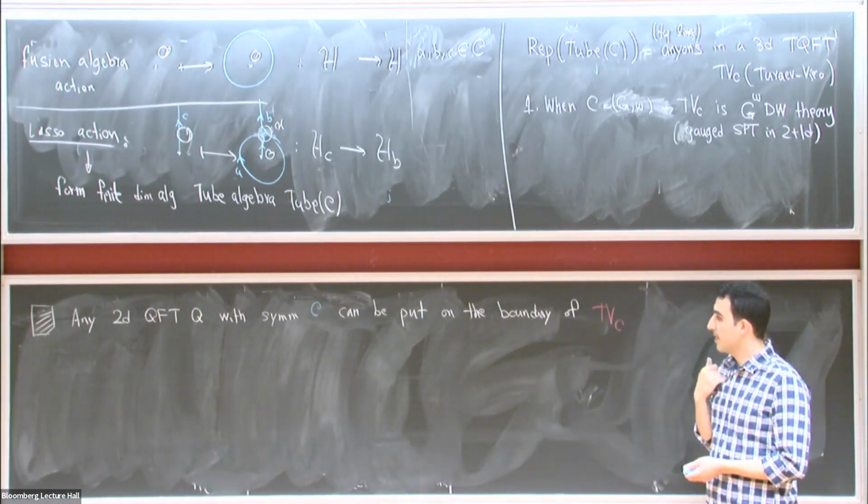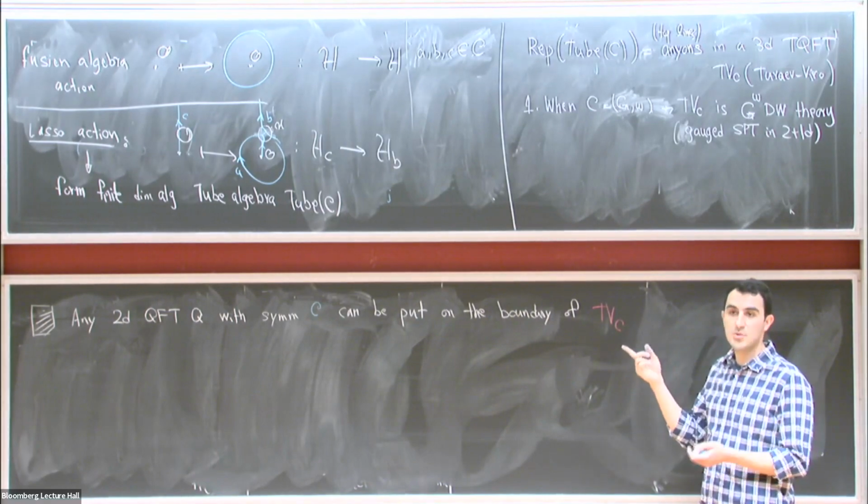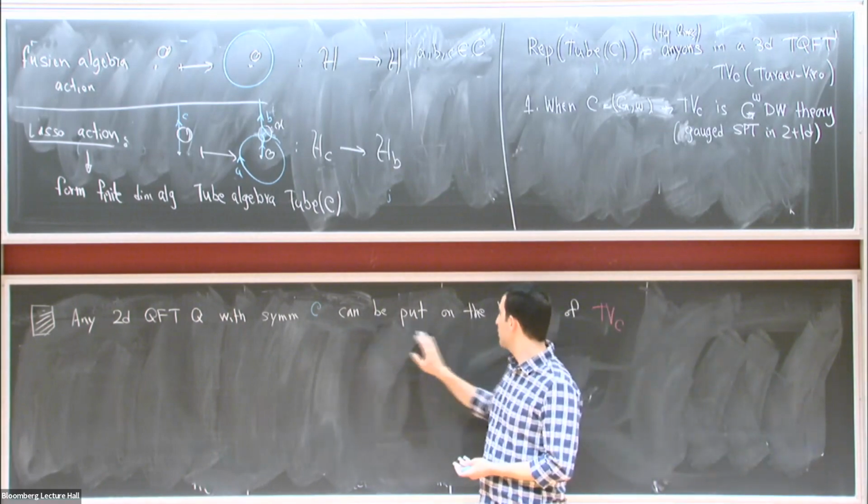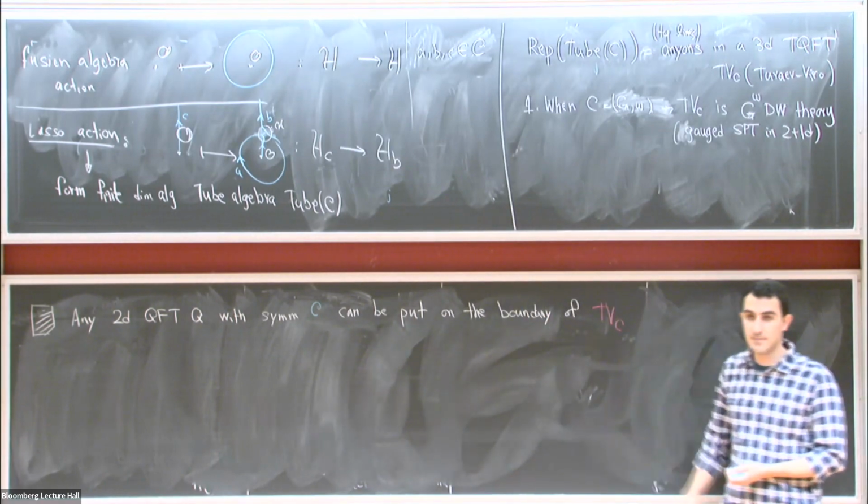That any QFT Q with symmetry C, this could be group-like or non-invertible, that should be finite. And we put on the boundary of this QFT.